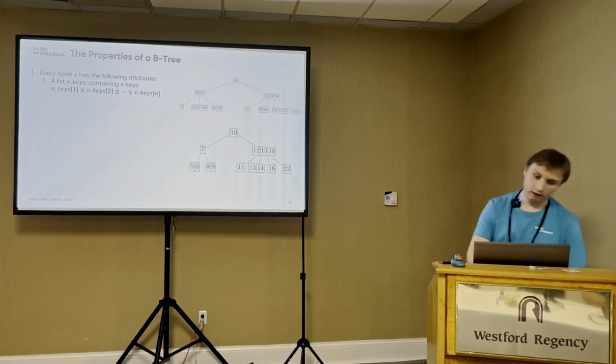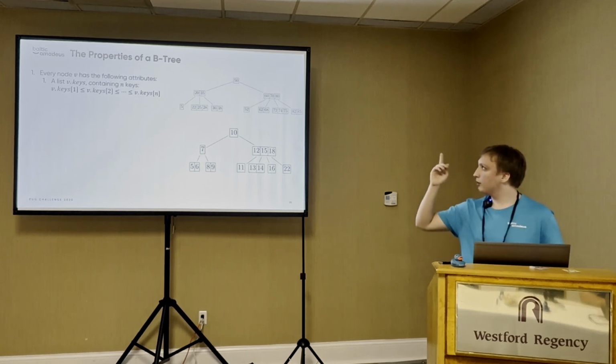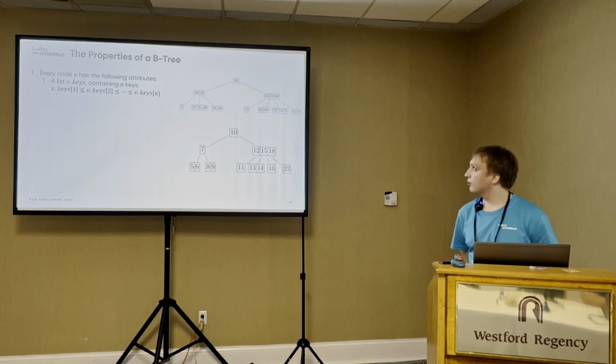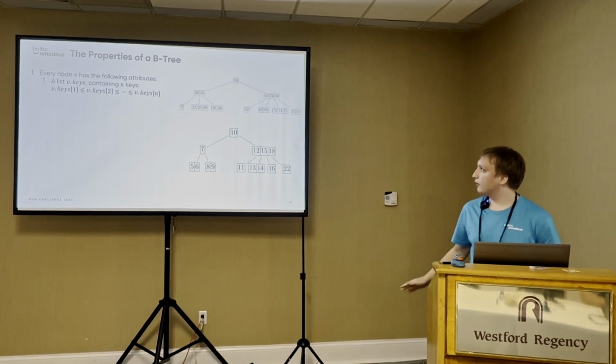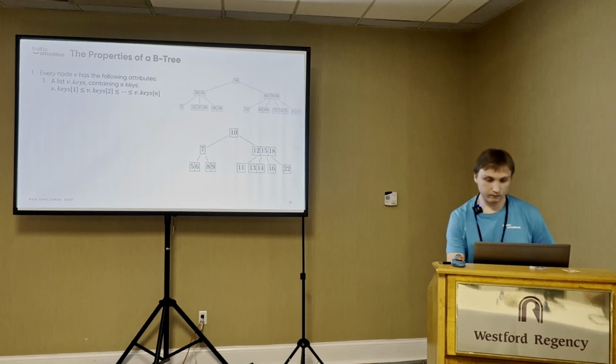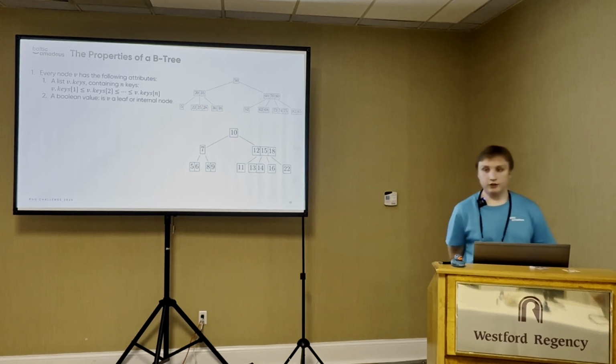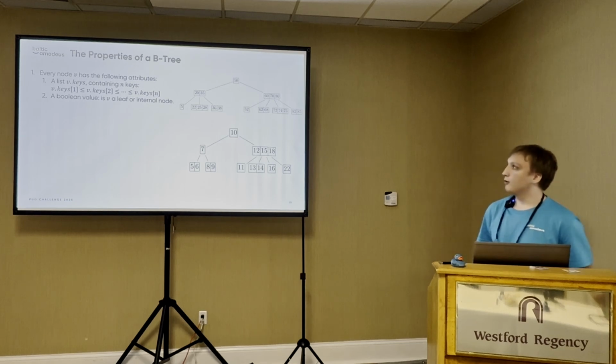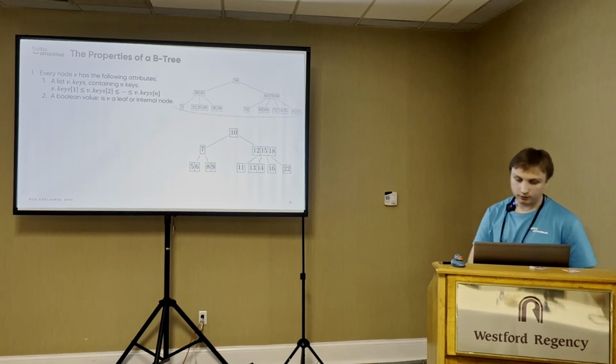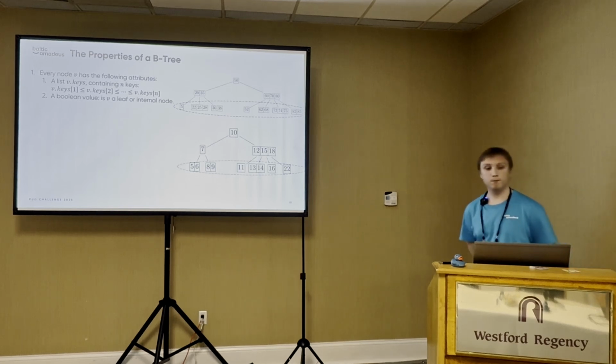So for instance, in the tree up top, you could see that everything is sorted. So we have 50, then on the right we have 60, 70, 80, and everything's sorted. We also have a Boolean value, which tells whether a specific node is a leaf or an internal node. So the nodes that I have outlined here, they're leaf nodes, and the nodes that are not outlined, they're internal nodes.